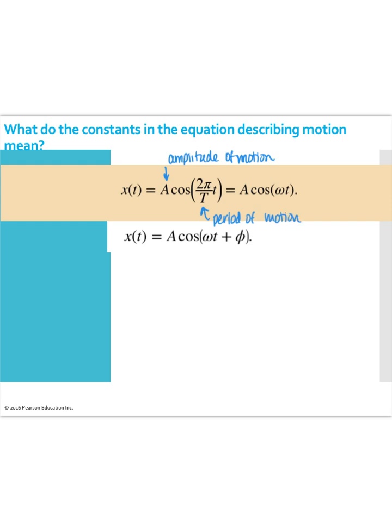I've seen that before, and I called it angular velocity. In this particular expression, we're not going to think about it so much as angular velocity, although it really kind of is. We're going to call it the angular frequency. And finally, phi, we're going to call a phase angle.